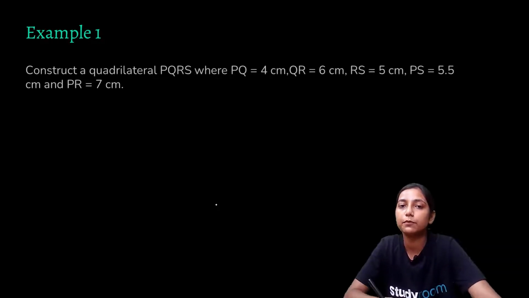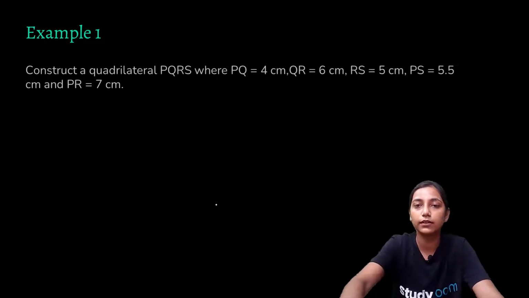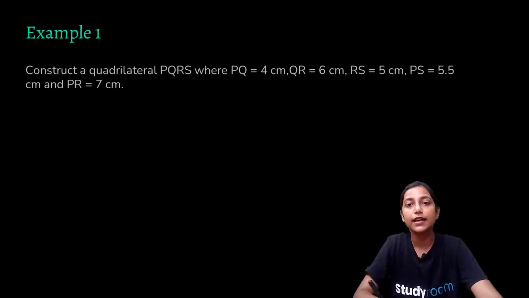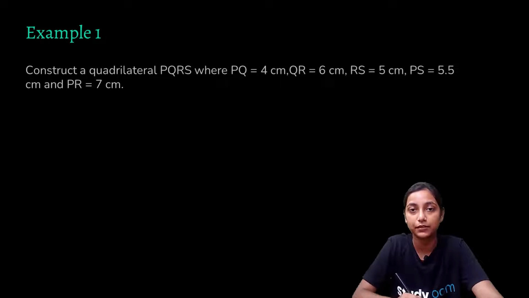Construct a quadrilateral PQRS where PQ is 4 cm, QR is 6 cm, RS is 5 cm, PS is 5.5 cm, and PR is 7 cm. We are given 5 measurements.